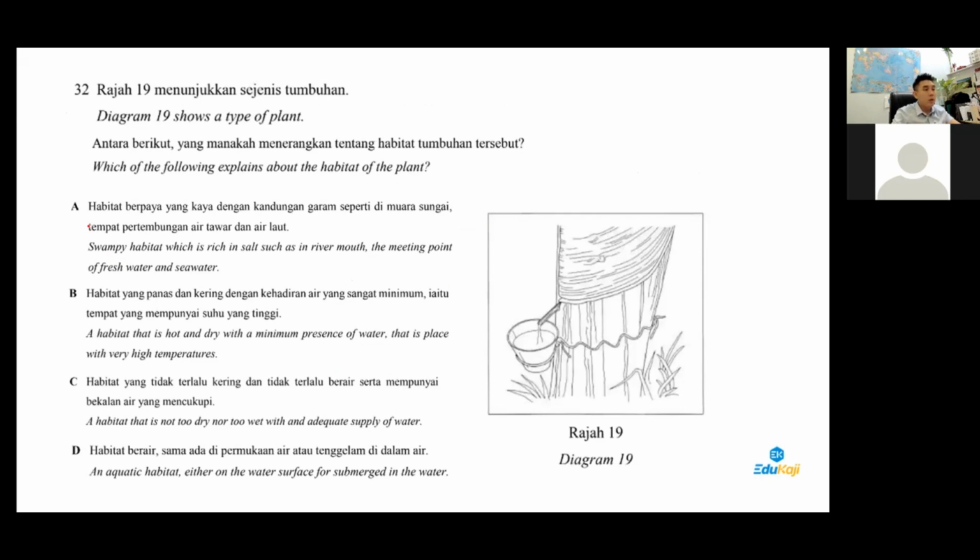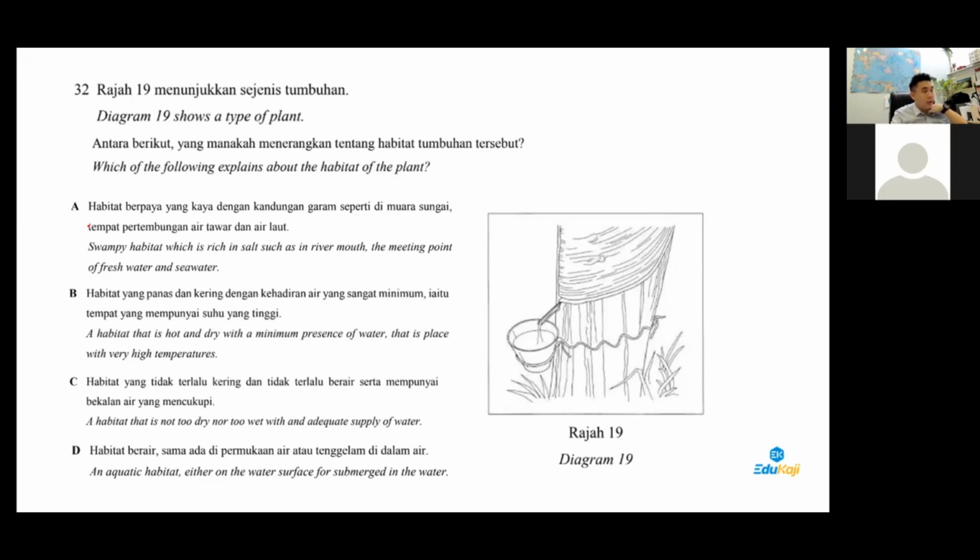Now 32, which of the following explains the habitat of the plant? Because it's called rubber tapping. So the rubber tree, we get it in Malaysia. Guys, in Malaysia we have a lot of rubber trees.